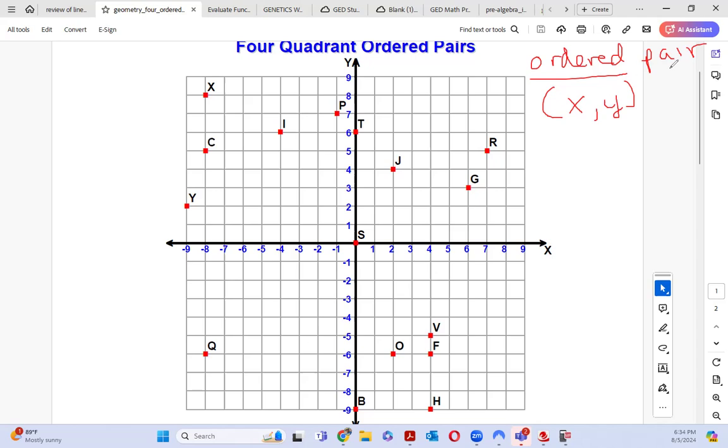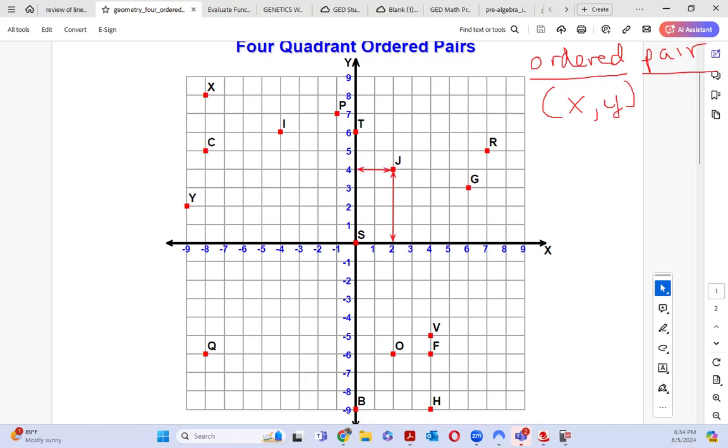Pair means how many? Two. So each point has two values, an X and a Y. If I'm looking at J and I need to find the X first, my X is what? A positive 2. My Y is what?